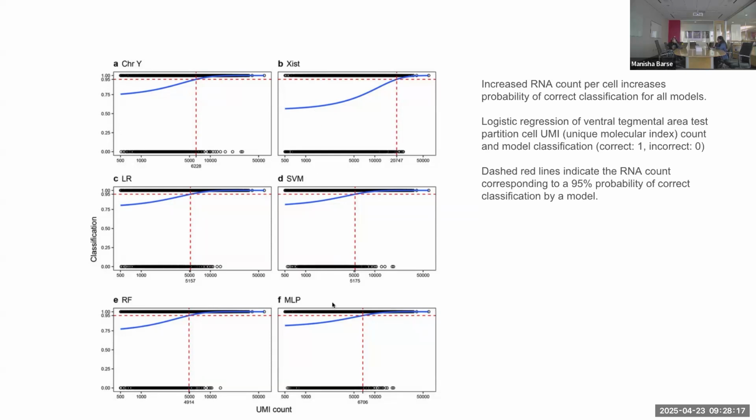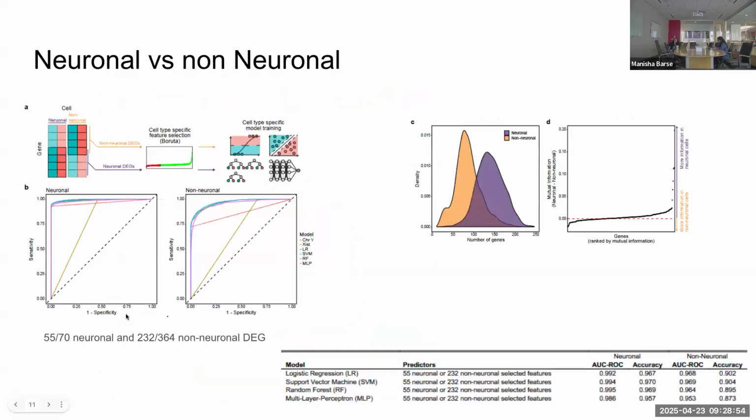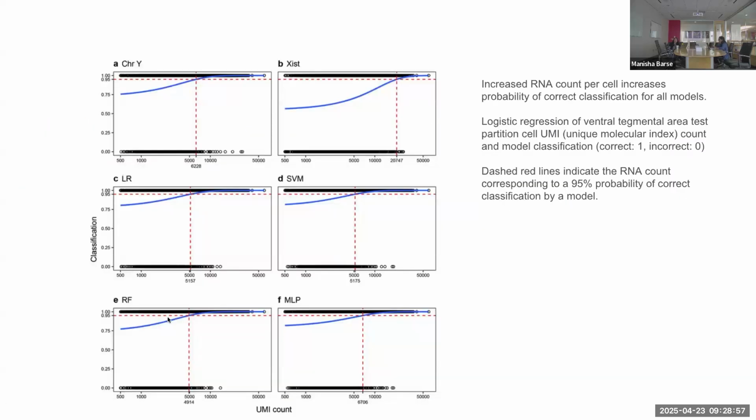So here we have these 6 plots. The upper two show the non-machine learning models, and the below 4 are the machine learning classification models. They look at the different UMI counts. The black circles represent the UMI counts, and the dashed red lines indicate the RNA count corresponding to the 95% probability for correct classification by any model.